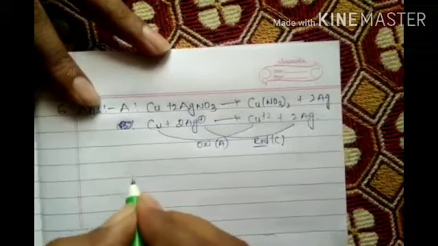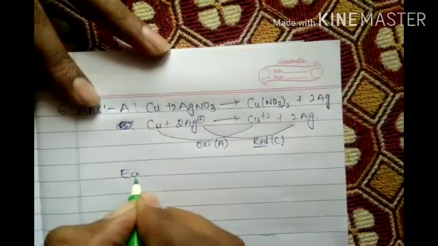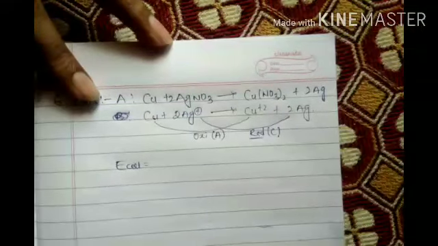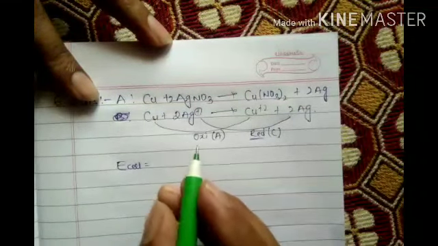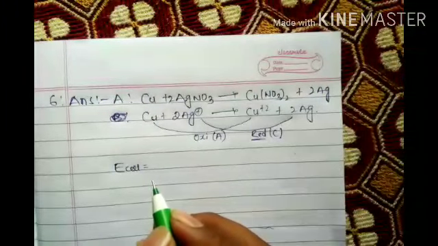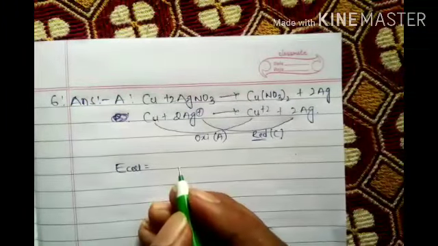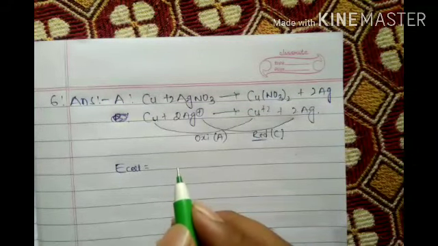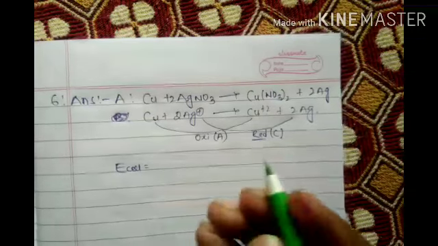E cell for the reaction. In the question, how much they gave for Cu2+? Plus 0.34 they gave, and for Ag it is plus 0.80.